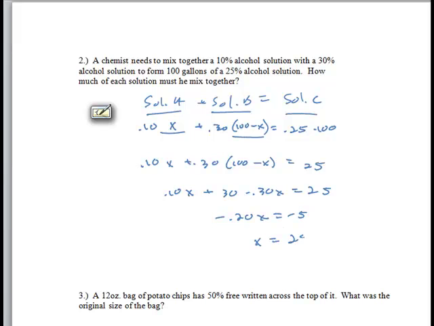X works out to be 25, which was once again the amount of solution A, the 10% solution, so 25 gallons of the 10%, which makes us need 75 gallons of the 30% solution.